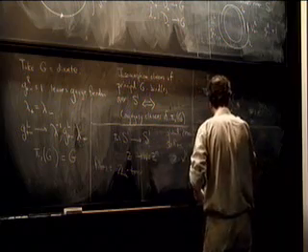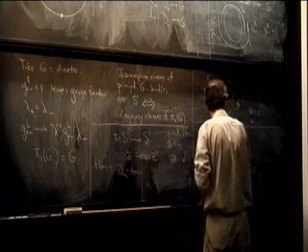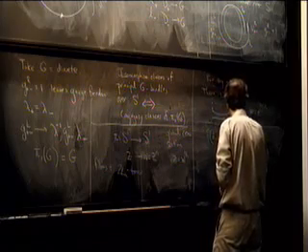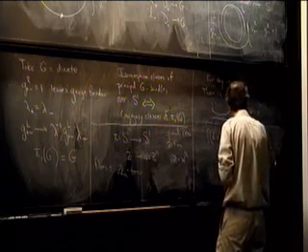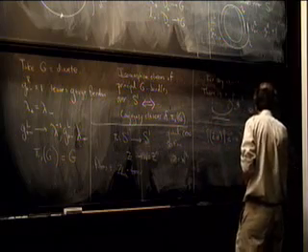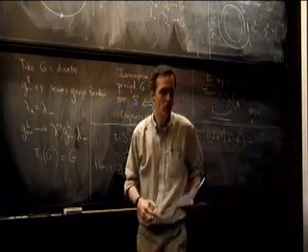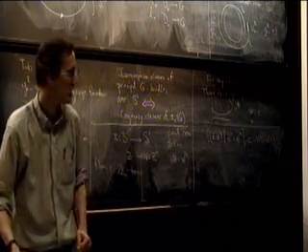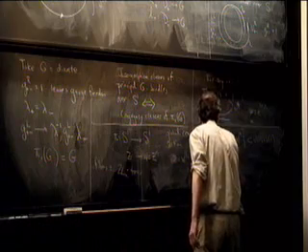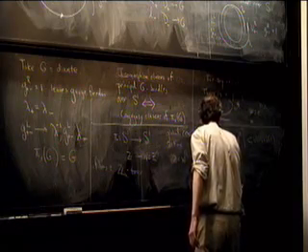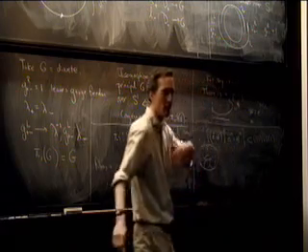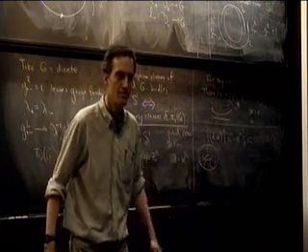Consider the set of z and w such that z to the n equals w to the m as a subset of U1 times U1. So U1 times U1 is the torus. So we're looking at something like a copy of U1, which is sort of wrapping around in general.